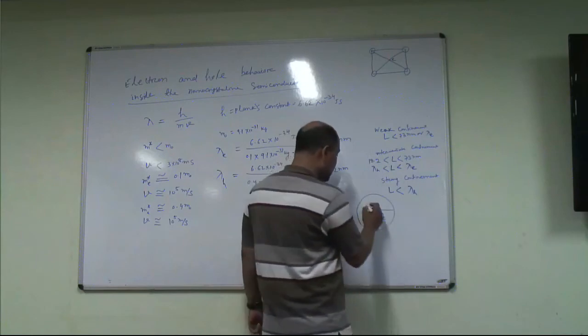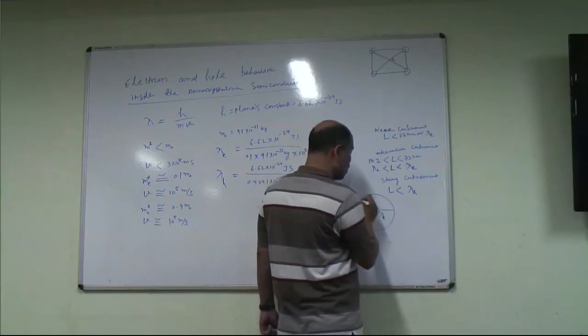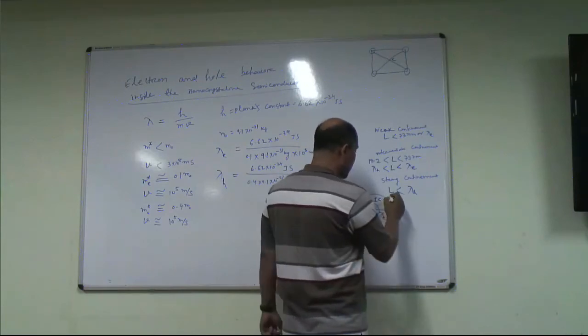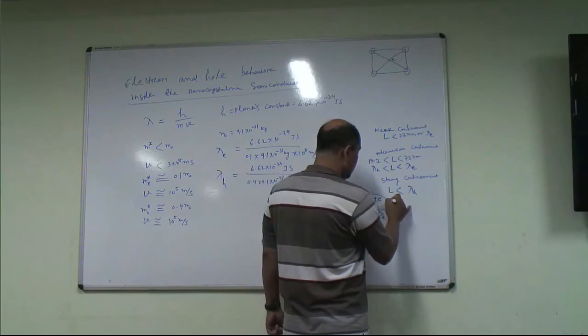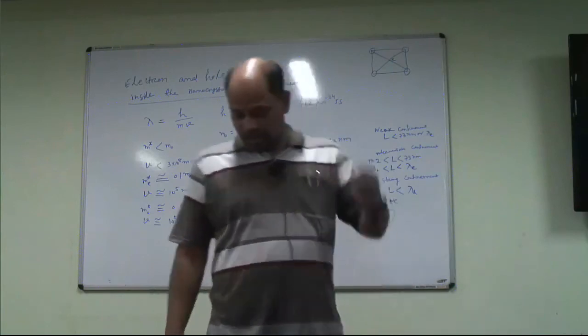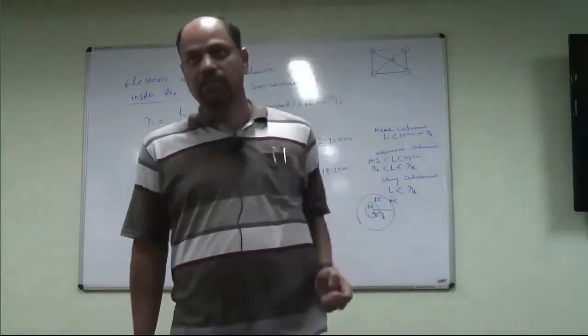We say that it is a strong confinement, then an intermediate confinement, and then a region of weak confinement near 73 nanometer.